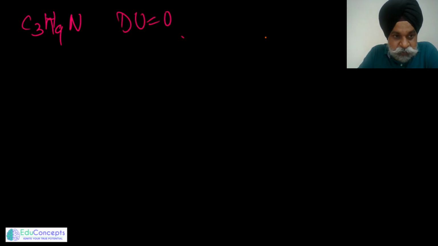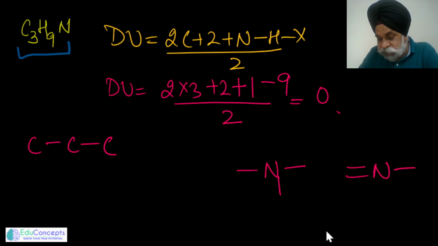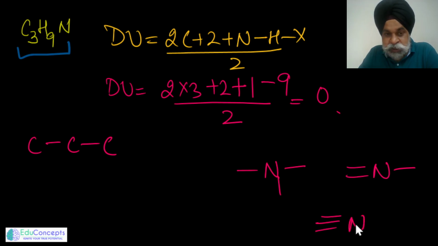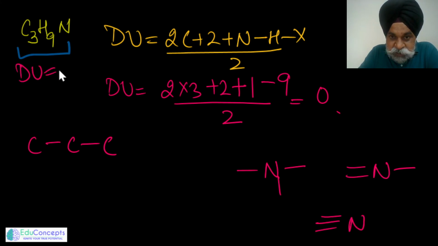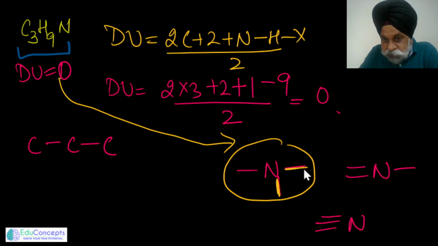Now I know for sure that nitrogen can combine with somebody either by one single bond, or one double bond, or one triple bond. Since the degree of unsaturation came out to be 0, this nitrogen must be in this form, in 3 single covalent bonds.